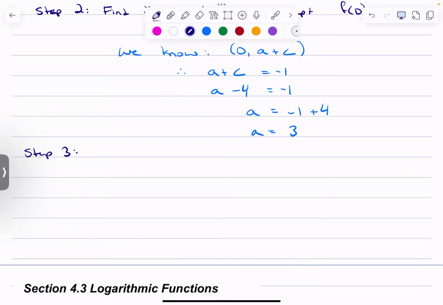So step 3, find a point on the graph you feel confident about.